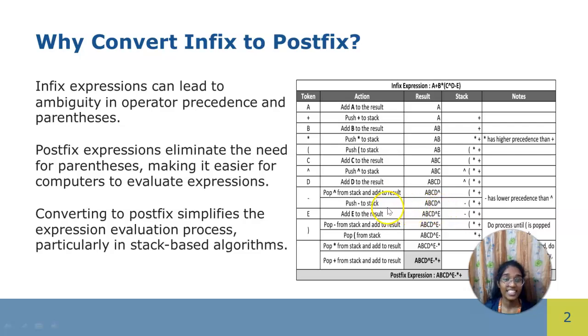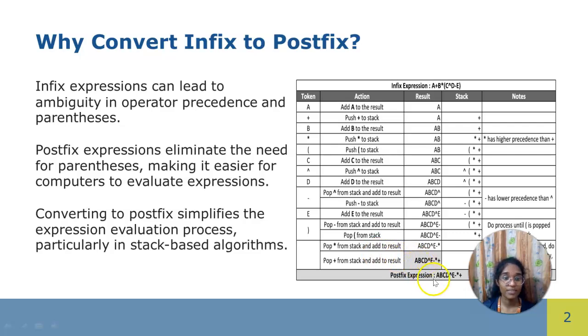Now we push minus again, add E to the result because it's an operand, and pop minus from the stack and add it to the result. We keep processing until the closed parenthesis, which is why we pop from the stack to the result.